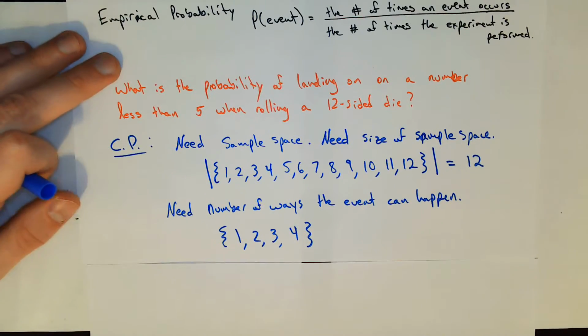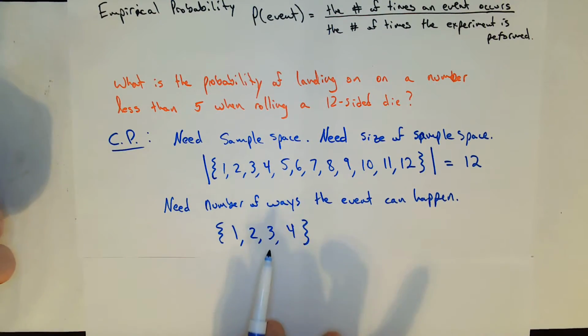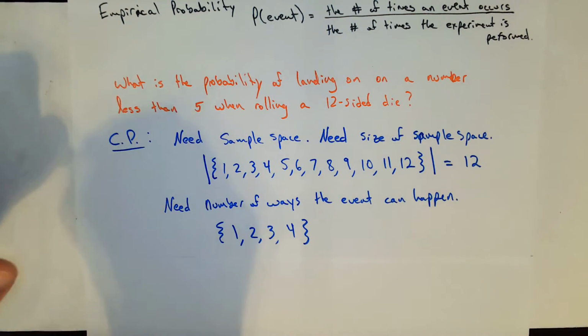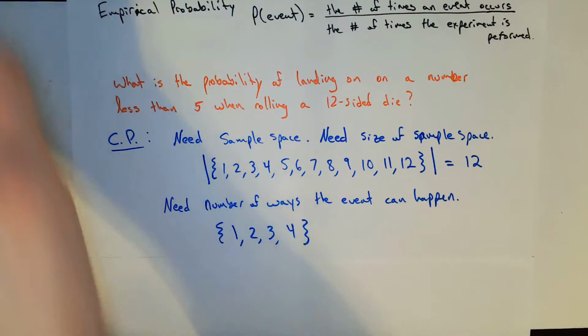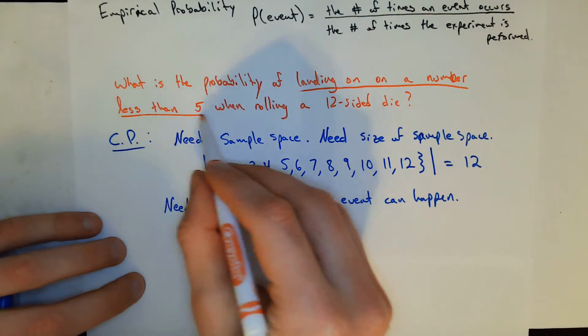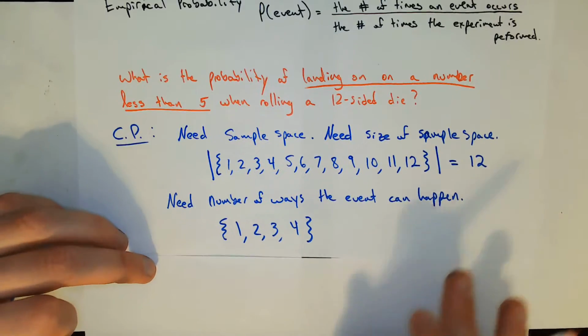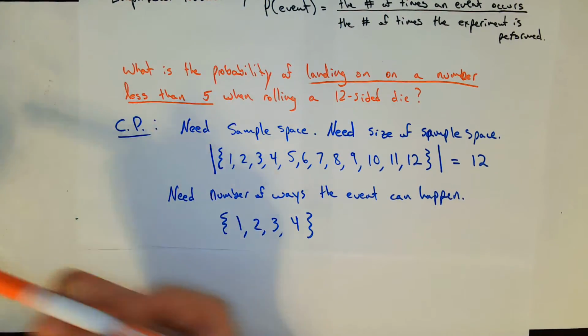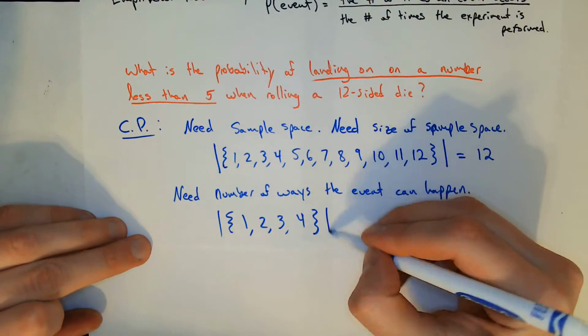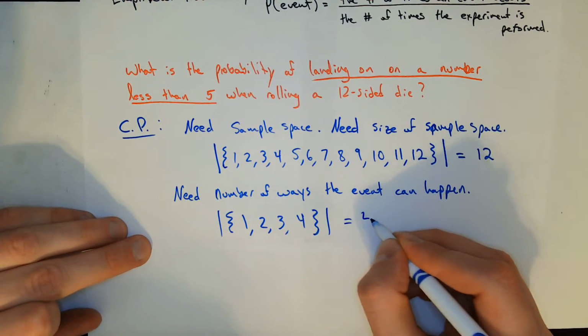Each of these numbers represents rolling that number. So the event is landing on a number less than 5, and the number of ways it can happen is the cardinality of this set, which is clearly 4.